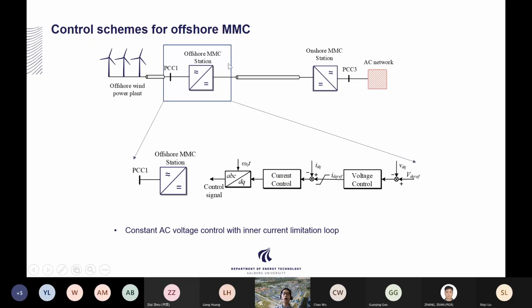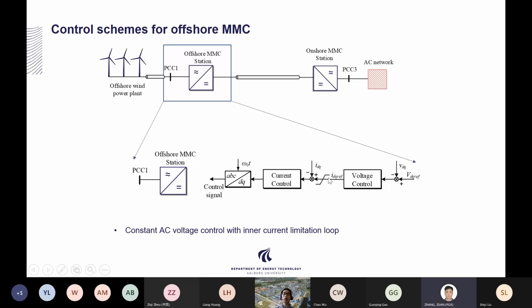For this offshore MMC, the primary control target is its terminal AC voltage, not the current. You can see that we do not have any fixed reference for this current. The current reference for the inner loop is actually generated by the voltage control.